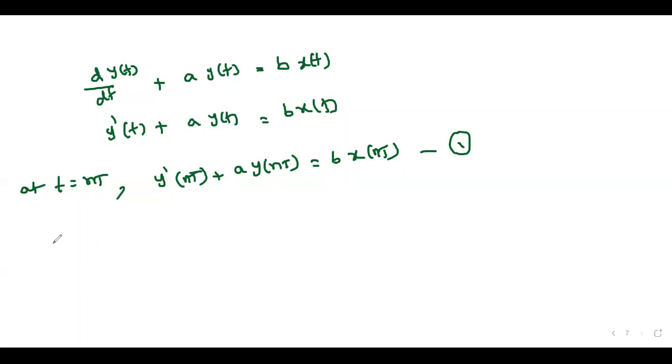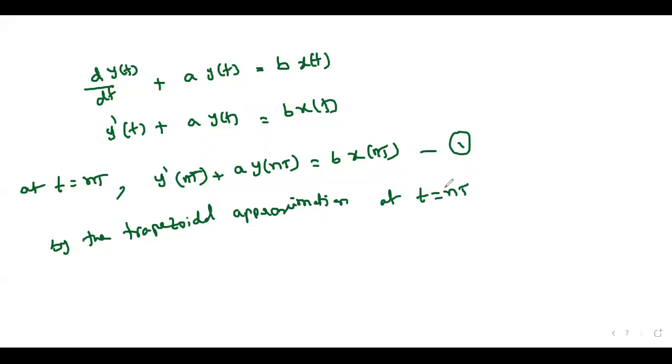From the trapezoidal approximation, I think in the numerical methods you might have studied this. If it is not learned, please note down this point. By the trapezoidal approximation at t is equal to nT, sorry, first I'll write this. Then I will substitute t is equal to nT.